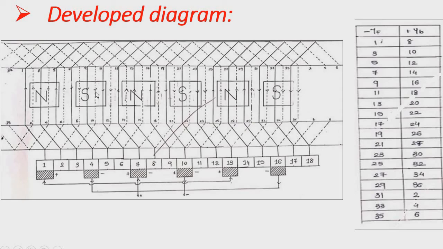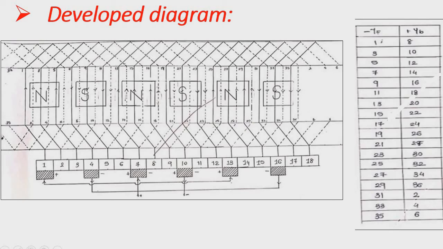Same for these two conductors: this N pole, these two are for this S, these two are for the N pole. Now provide names like this. First one is N pole, then S pole, N pole, then S pole, N pole, and S pole. One thing must be kept in mind: the adjacent poles should not be the same. So this and this will not occur.